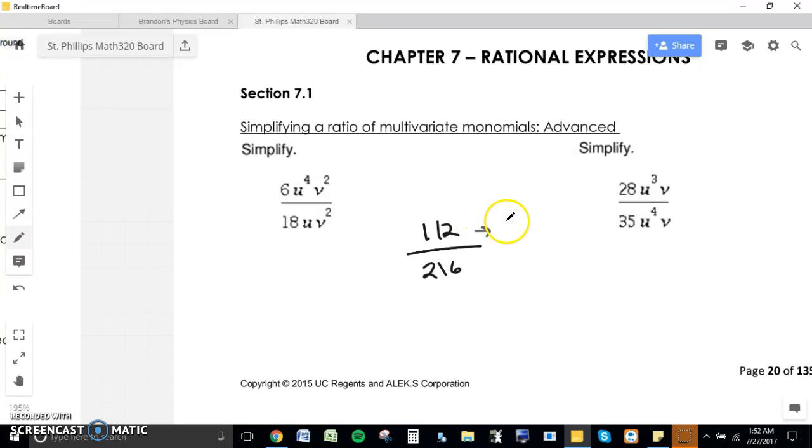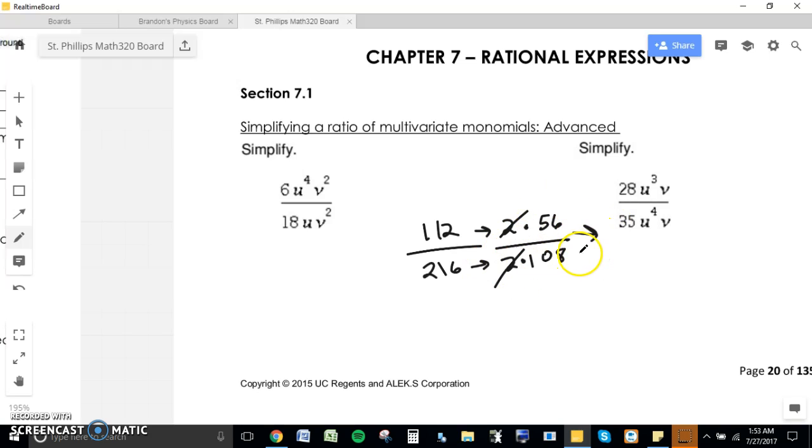We can factor 112 into 2 times 56, and 216 into 2 times 108. Why do we do that? Because now we can cancel out these factors of 2. 2 divided by 2 is 1, and 1 multiplied by anything is the same thing, so we can cancel those out.